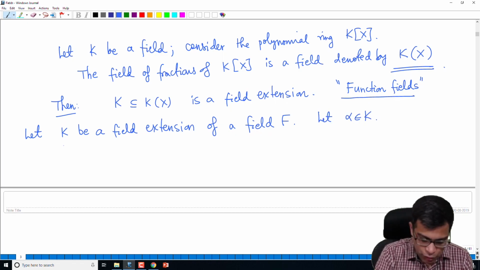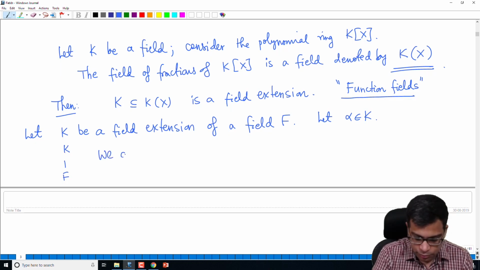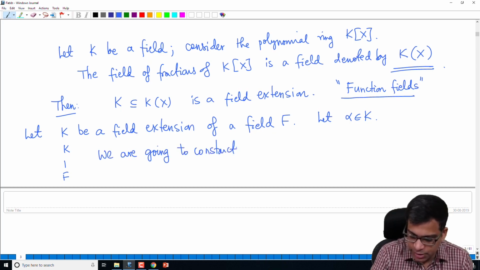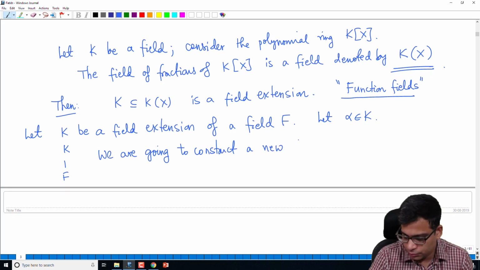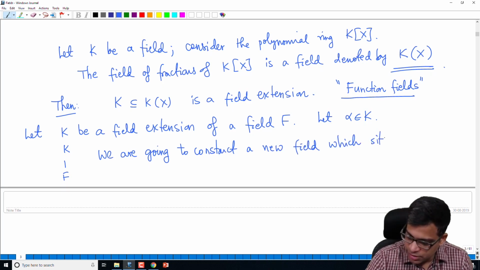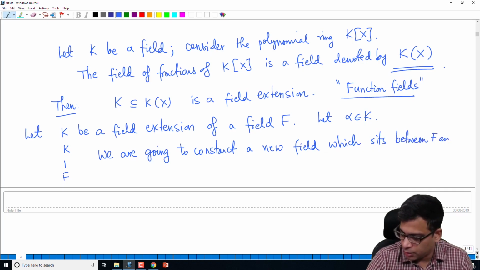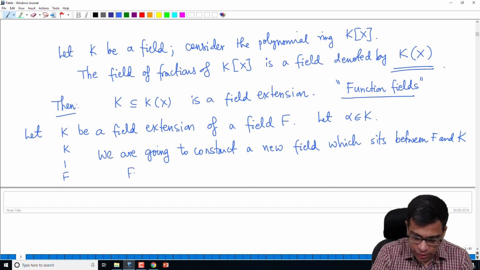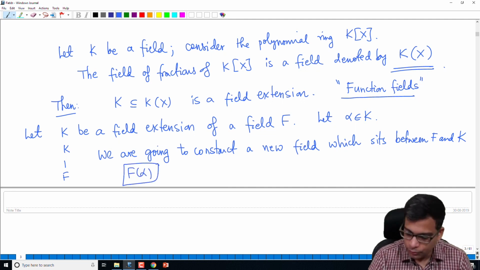So we have K and F here. We are going to construct or consider a new field which sits between F and K, and we are going to call this F(alpha).